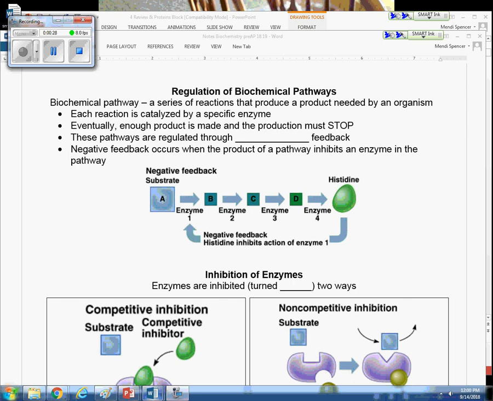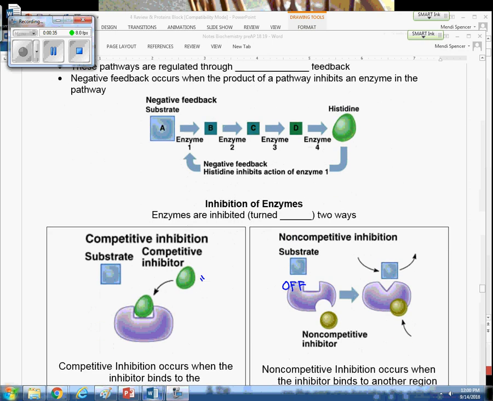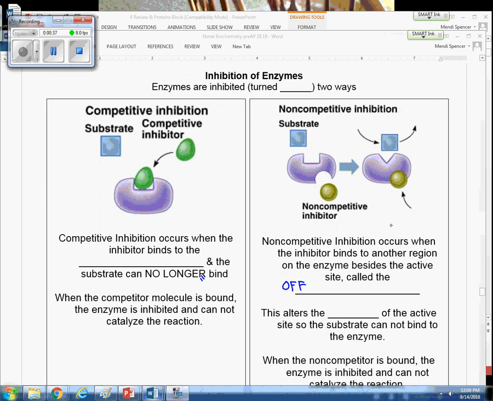We're going to look at two ways we can inhibit or turn off enzymes. We have competitive inhibition and non-competitive inhibition. Let's take a look at the competitive here. We know that substrates can go into the active site of an enzyme.